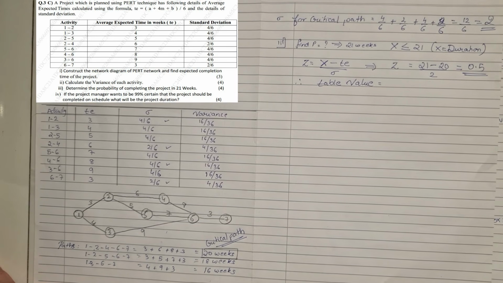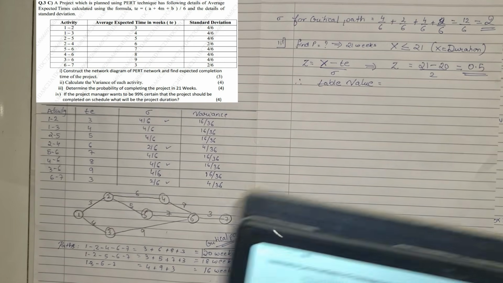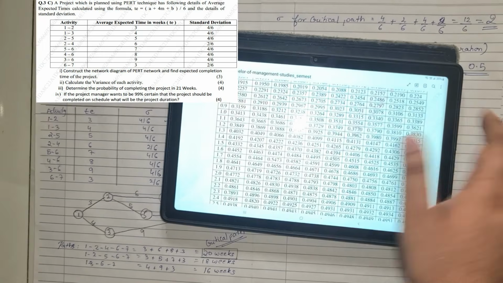I'll just open the chart, and then we can find out the value of z. Just give me a moment. I'll open the chart first, so it becomes easy for you all to understand where to get that particular value. We need to get the value for 0.5.